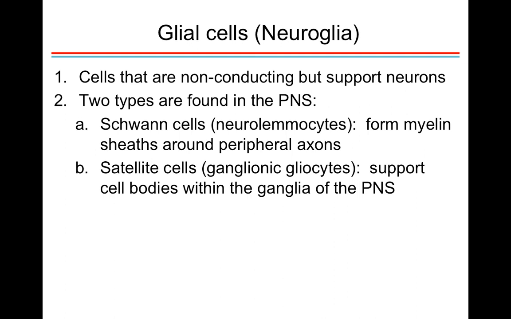And in the peripheral nervous system, we have Schwann cells, and Schwann cells have the ability to form a myelin sheath, which I showed you in the picture around the peripheral nervous system axons. And there are also satellite cells that help support cell bodies within ganglia. Ganglia are like a gathering of many nerves in one area of the peripheral nervous system.